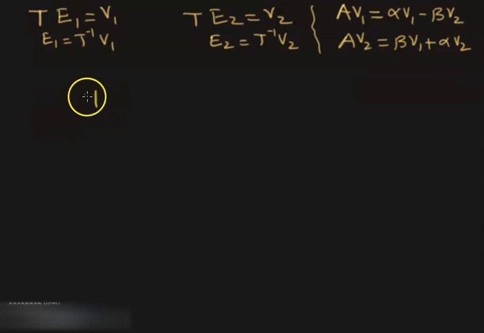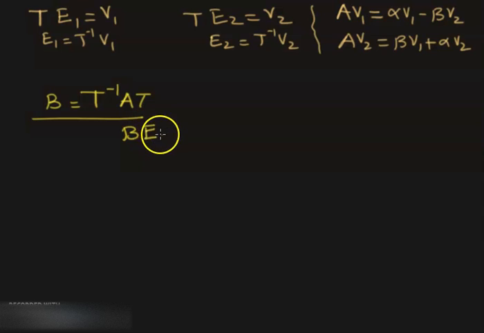Now let's see what form this T inverse AT assumes, what matrix form we want to see for this matrix B. So we know that for finding matrix form we need to apply it onto the basis. So let's apply B onto e1.